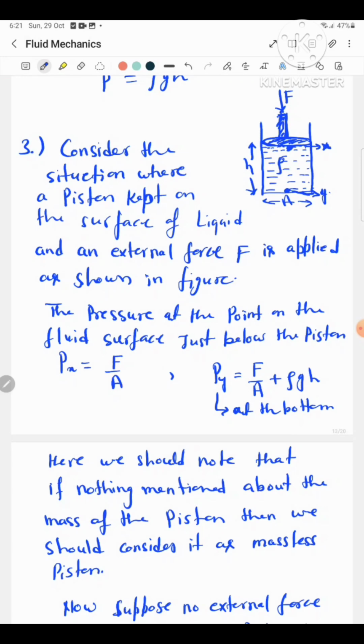Py will be at the bottom. The pressure that is transmitted due to the external force will be transmitted till the bottom. The Py will be force upon area, that is Px, plus rho gh due to the liquid of height h.